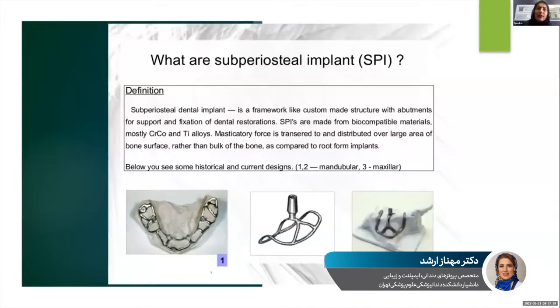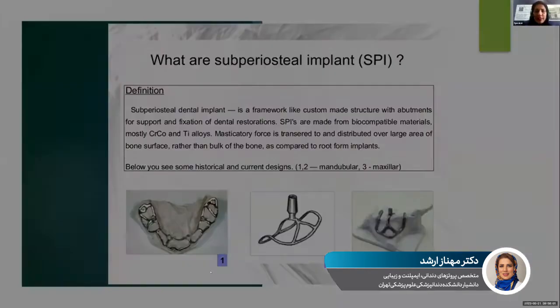In primary subperiosteal implants, the material was chrome cobalt and they used a castable procedure. So the shrinkage, the material, and the procedure produced some bad results, and we put the subperiosteal implants away.